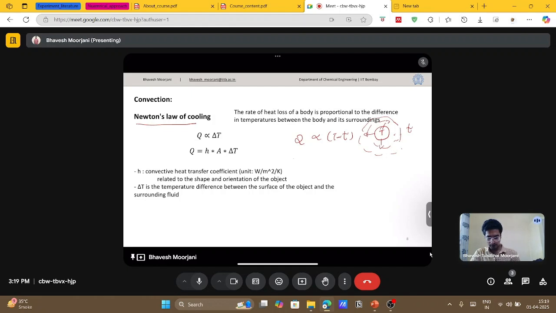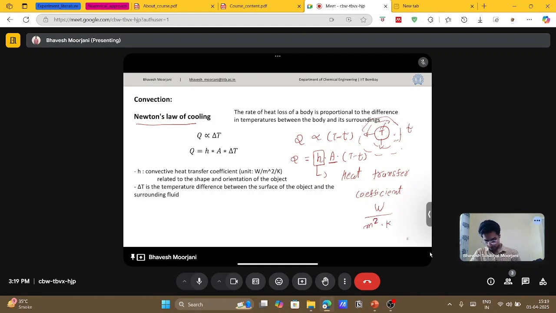And if you remove the proportionality, then you can add the constant, right? So this is obviously area to account for the rate, so flux is converted to the rate, while h is your heat transfer coefficient, and its unit is watt per meter square Kelvin, right?